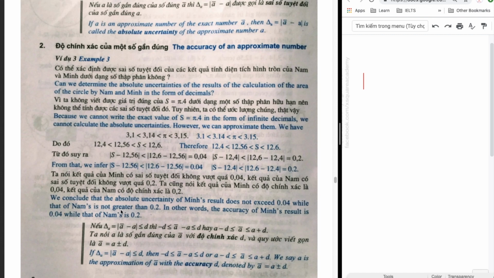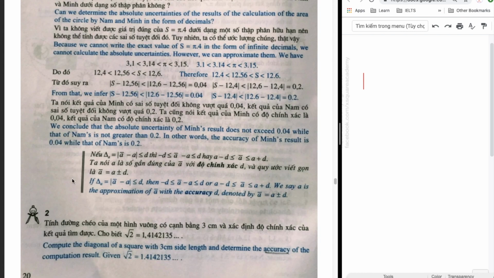We conclude that the absolute uncertainty of Minh's result does not exceed 0.04, while that of Nam's is not greater than 0.2. In other words, the accuracy of Minh's result is 0.04, while that of Nam's is 0.2.